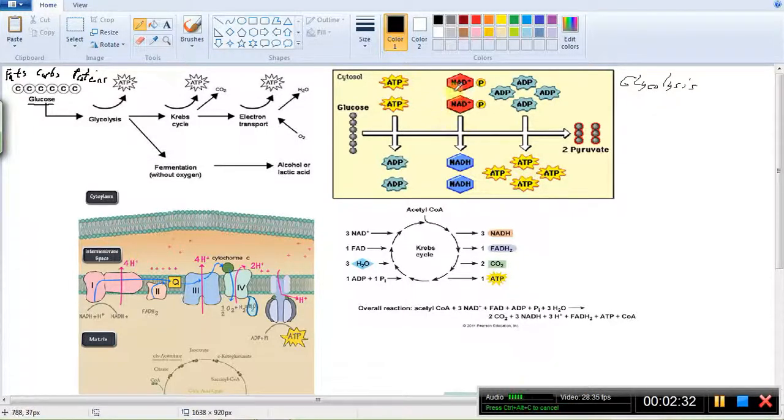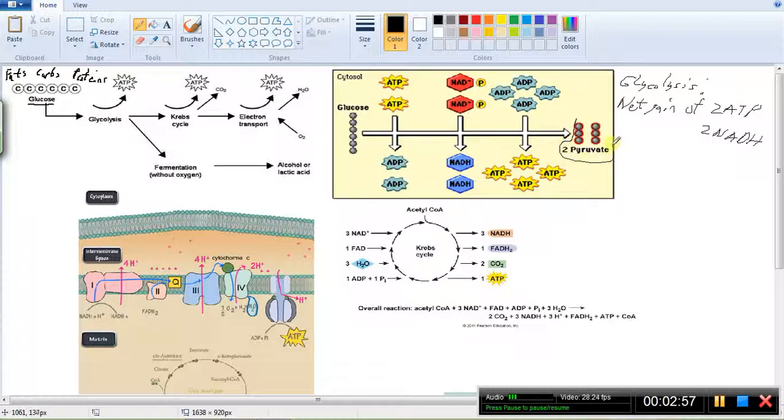So we have a net gain. It's important to know a net gain of 2 ATP, right? We had 2, but we used 2, and then we made 4. So 4 minus 2 would be 2 ATP. So we say a net gain of 2 ATP, and then we have 2 NADH molecules, and then we end here.